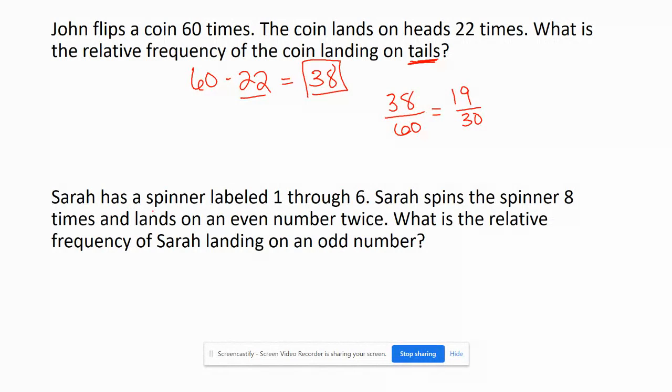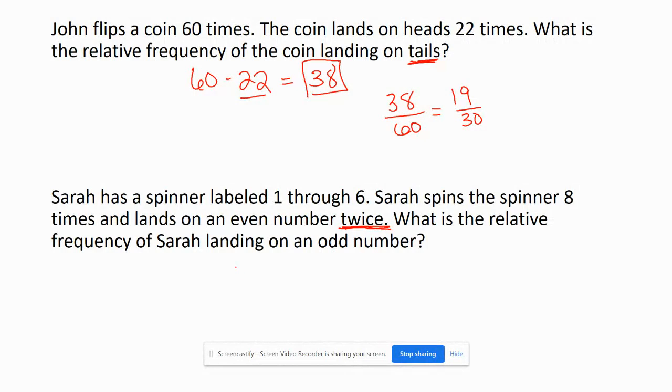Now, Sarah, she has a spinner labeled 1 through 6. Sarah spins the spinner 8 times and lands on an even number twice. She only lands on an even number twice. All right. So that tells you that 6 out of the 8 times she landed on an odd number, correct? So what is the relative frequency of Sarah landing on an odd number?